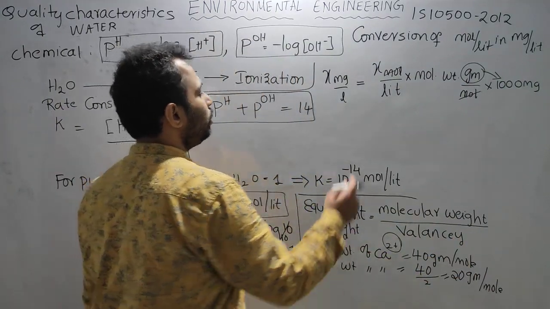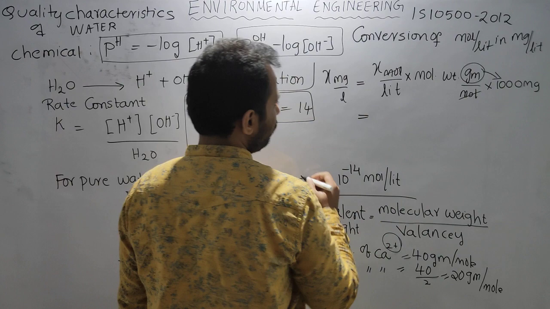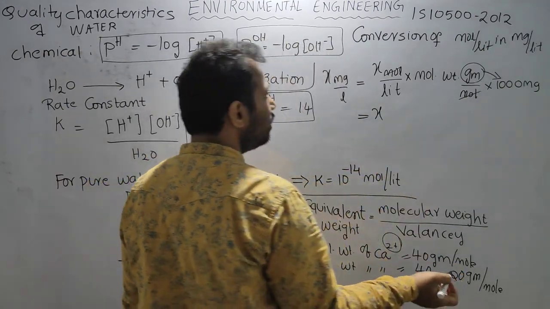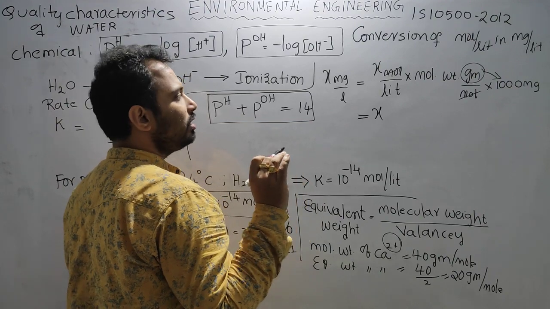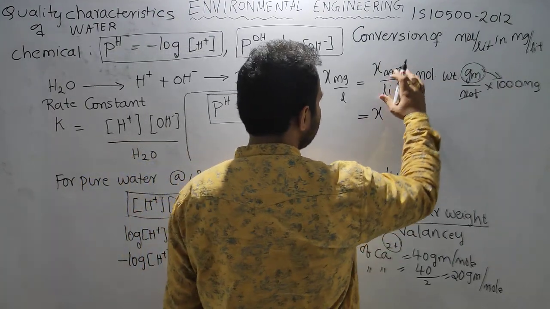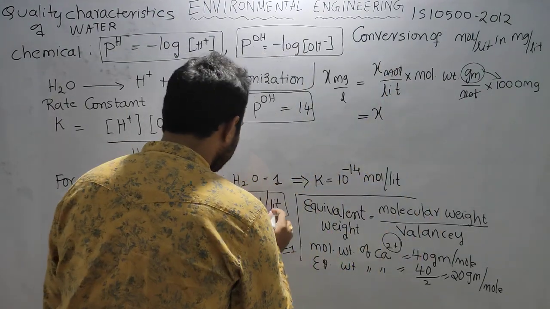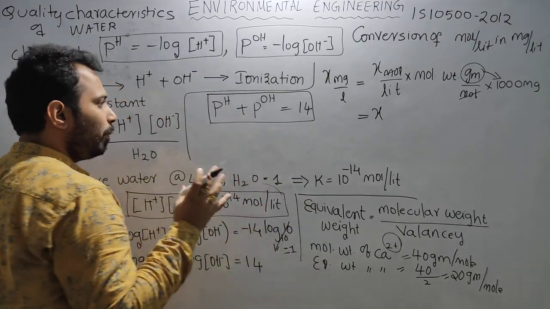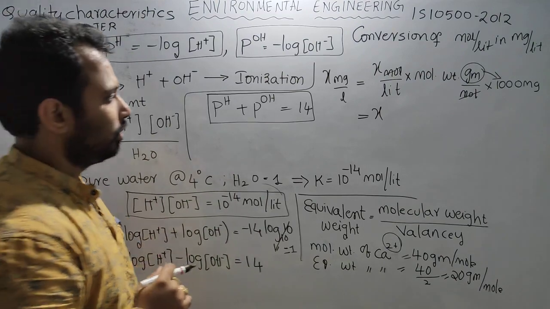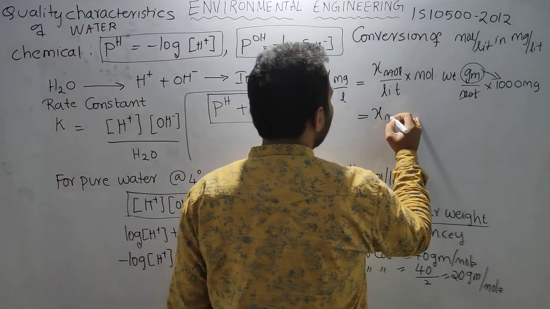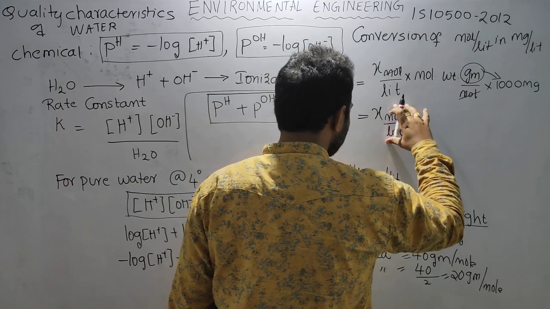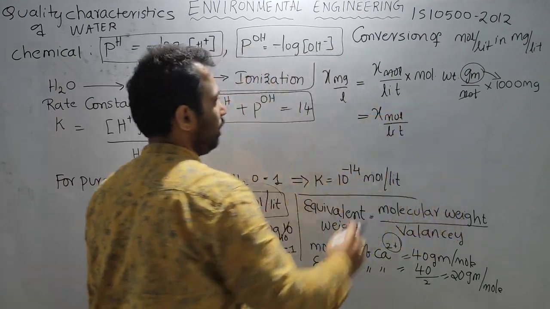So if I give you equivalent weight, if X is given, again the concentration will always be in mole per liter only. This is the concentration of H plus and OH minus. Mole per liter means concentration. X mole per liter, so this mole per liter is the concentration in terms of equivalent weight.